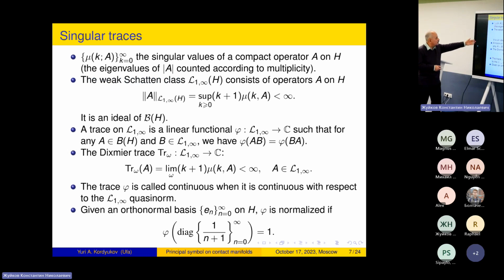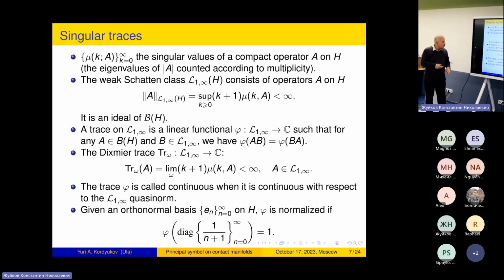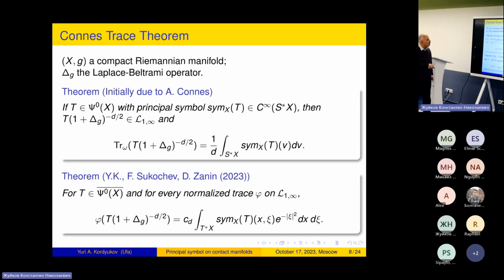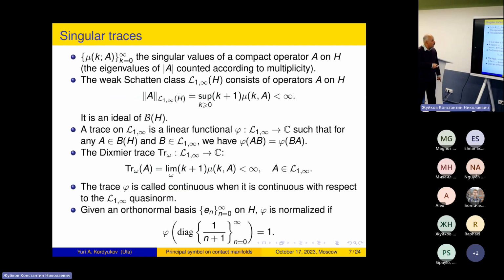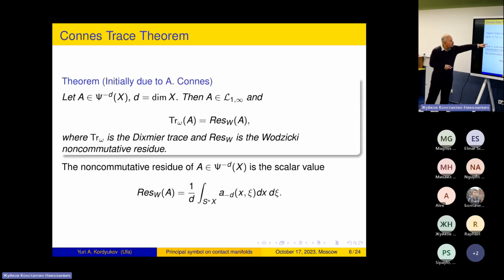But we can also consider other singular traces, assuming they are continuous with respect to this quasi-norm, with some normalization condition. If we take a diagonal operator with these diagonal entries, we should get one. And then we can claim the same statement, but instead of the Dixmier trace, we can take any phi.